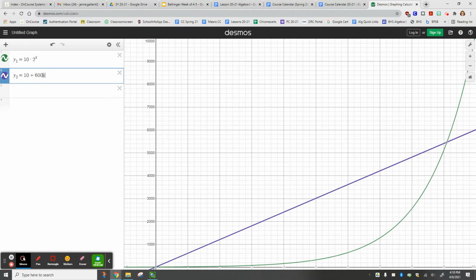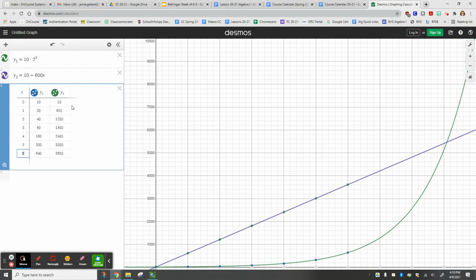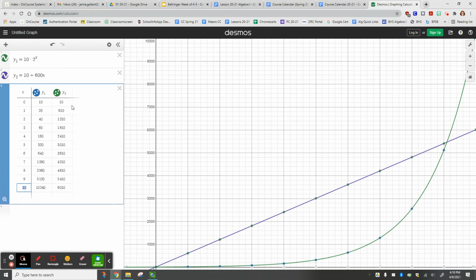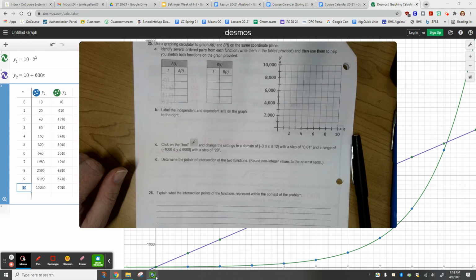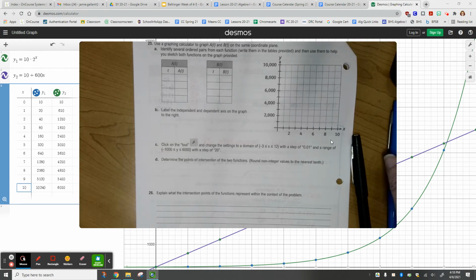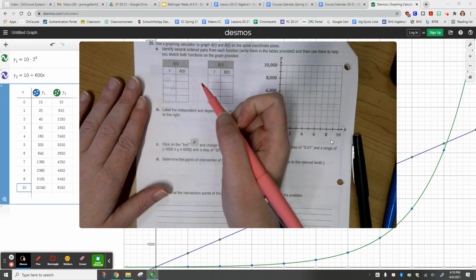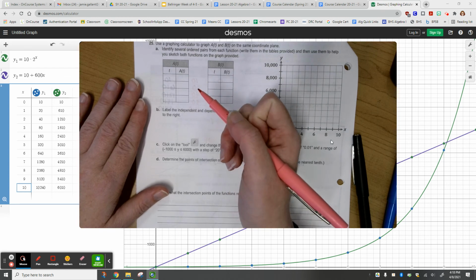We'll change this to x as well, and then we'll make our table. That'll make things a little easier. So this is x, this is y1, this is y2. We can go 0, 1, and you see the numbers automatically pop up for us. So we'll go all the way to 10. Now we have some numbers that we can graph. That makes things a little bit easier.